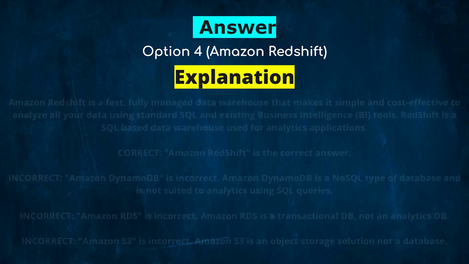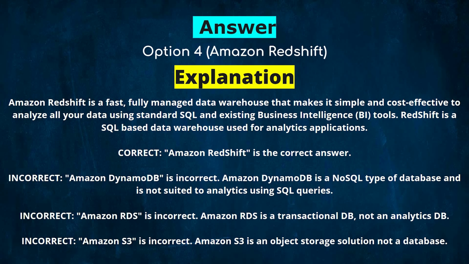Explanation. Amazon Redshift is a fast, fully managed data warehouse that makes it simple and cost-effective to analyze all your data using standard SQL and existing business intelligence tools. Redshift is a SQL-based data warehouse used for analytics applications. Amazon Redshift is the correct answer. Amazon DynamoDB is incorrect.